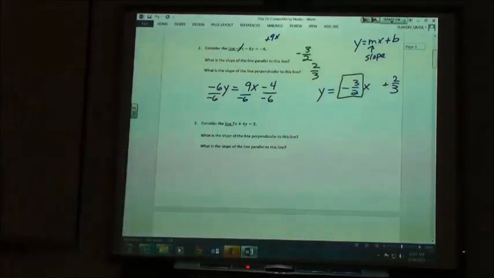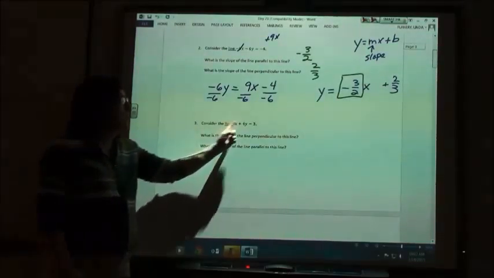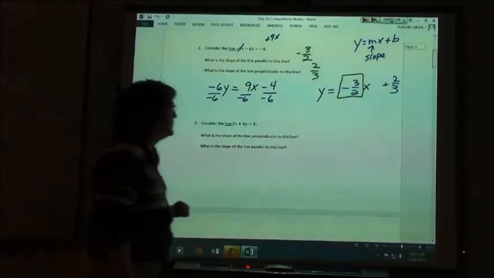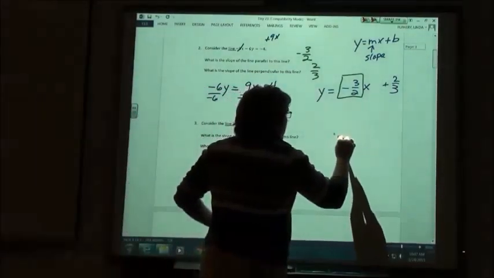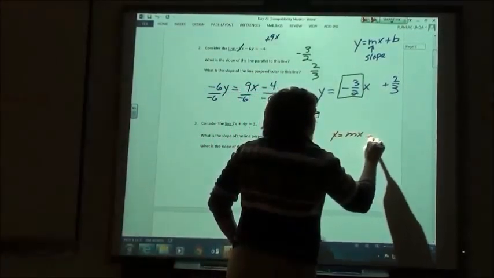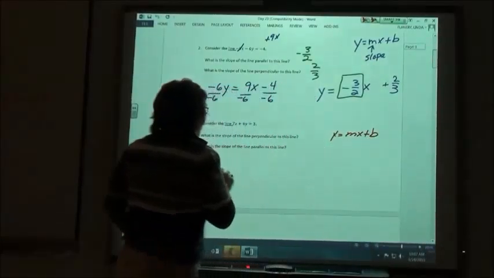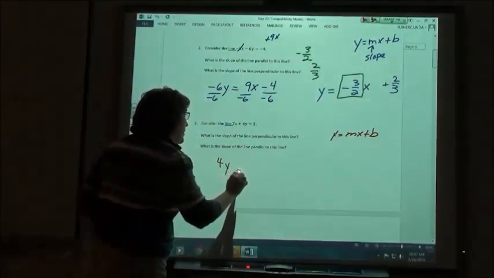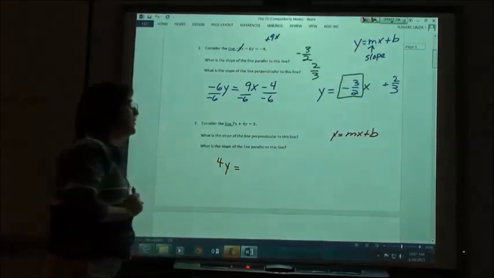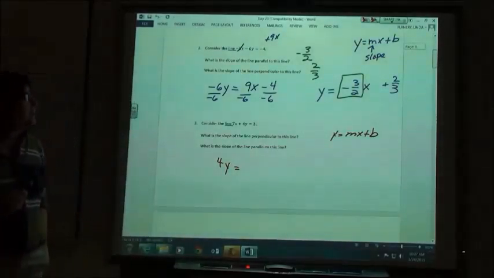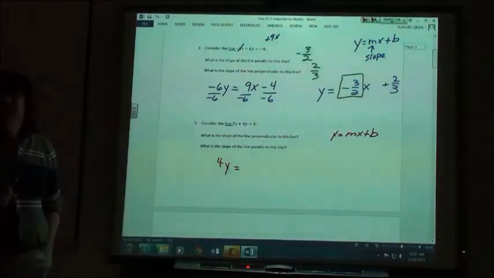So number 3, consider the line 7x plus 4y equals 3. So it's going to be 4y equals 7x. Whoops. What happens with your 7x? Oh, negative.